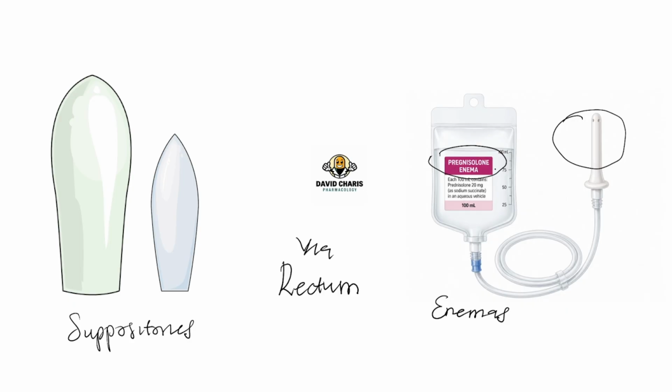And in the case of severe vomiting, severe nausea, that you can't really give drugs orally because the patient will actually vomit the drug, you want to give into the rectum. So this particular dosage form is very suitable, especially for drugs that are anti-emetics.